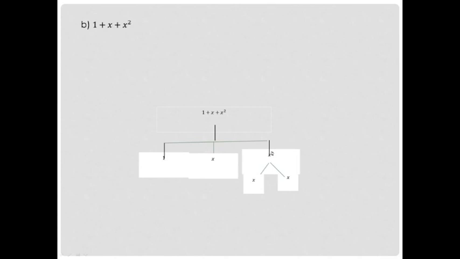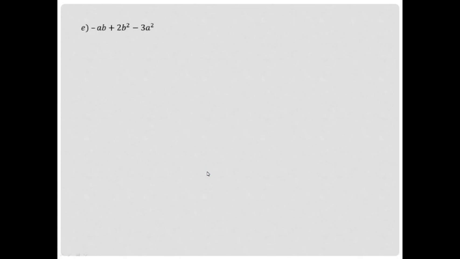This x squared is supposed to be separated again into x and x, because there are 2 x's here, no? So we can divide it into x and x. Number C and number D you have to do by yourself, to practice what you have understood right now.